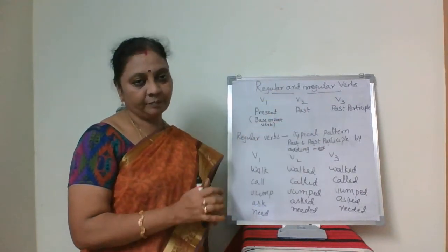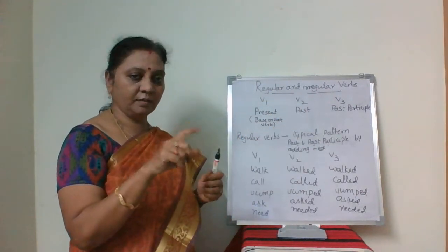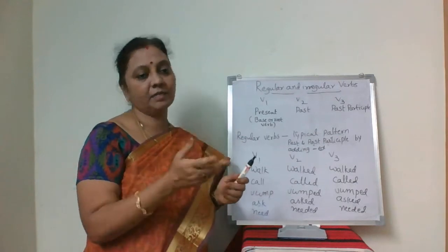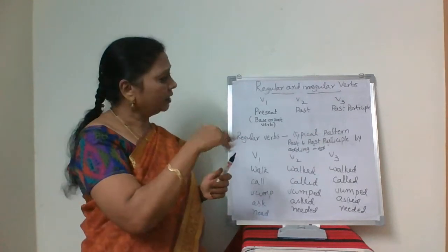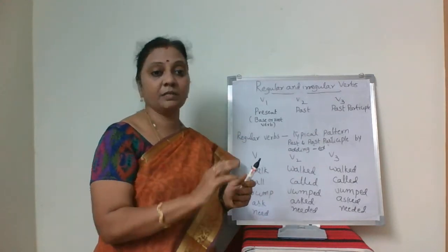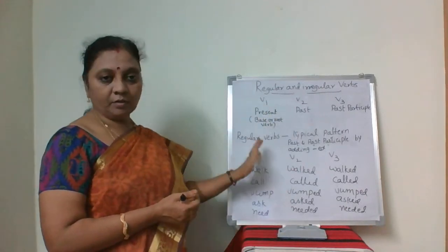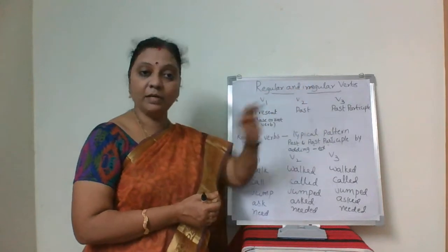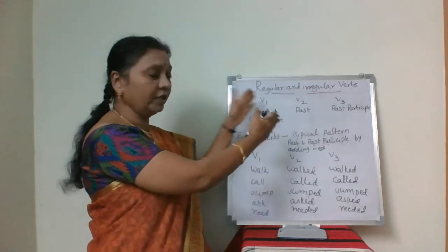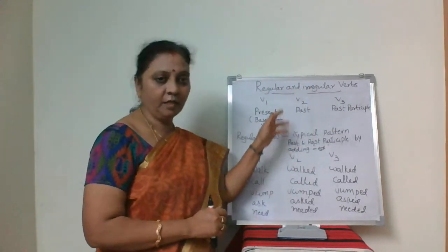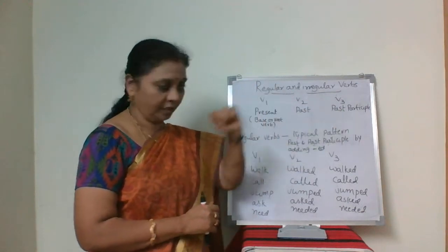And V5, adding s, or some consider even infinitive to plus V1 also as V5. But let us talk regarding regular and irregular verbs. We take only these three forms, V1, V2 and V3.